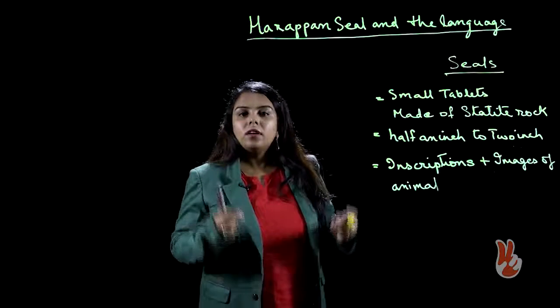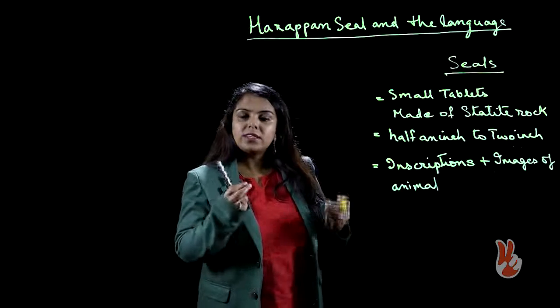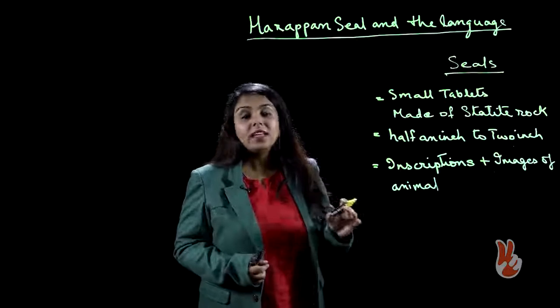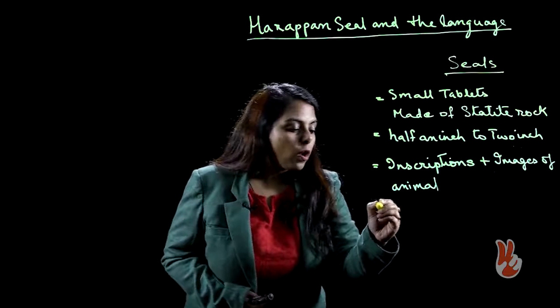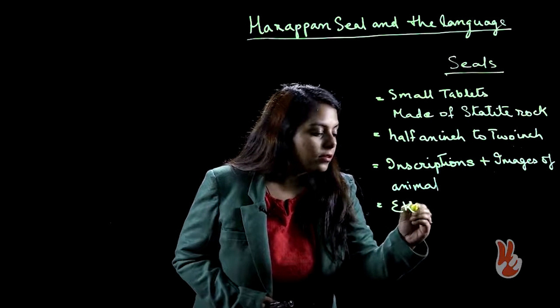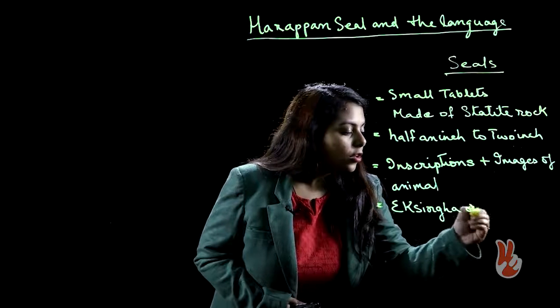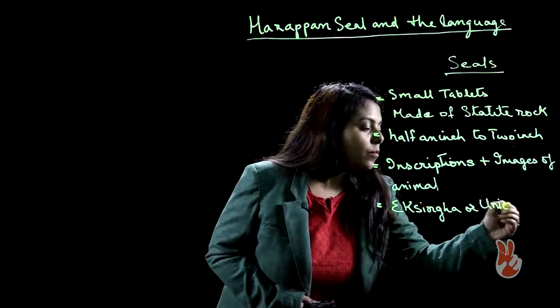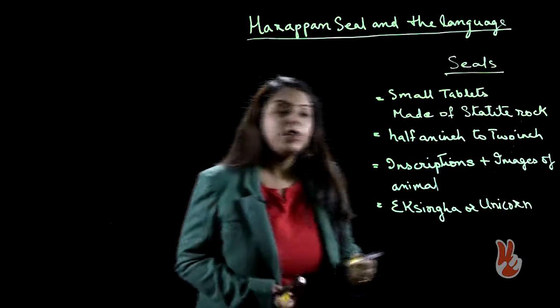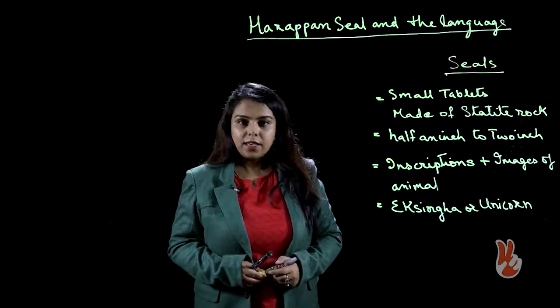The most popular animal which is inscribed or made on the seal is the unicorn, also called ek singha or unicorn. This is the most popular seal that we have discovered in the Harappan sites.